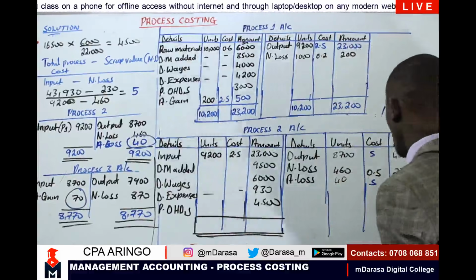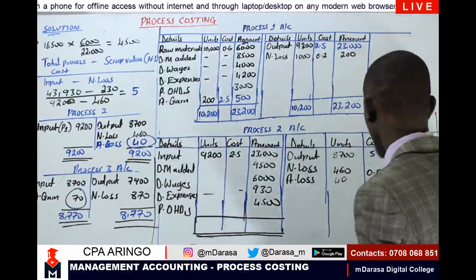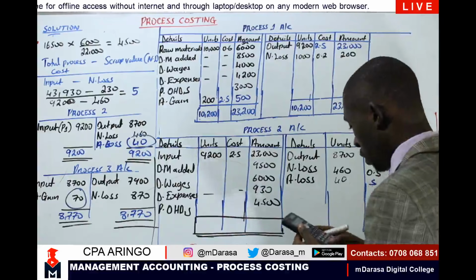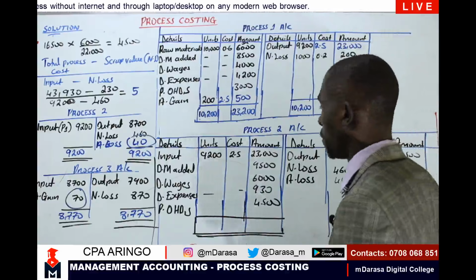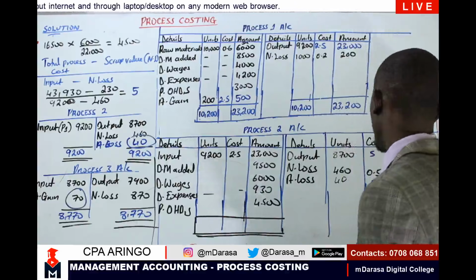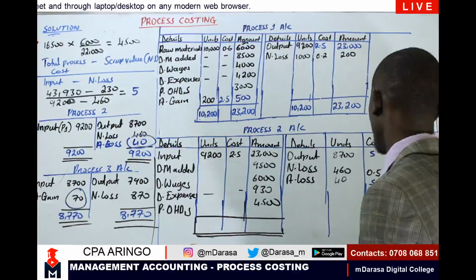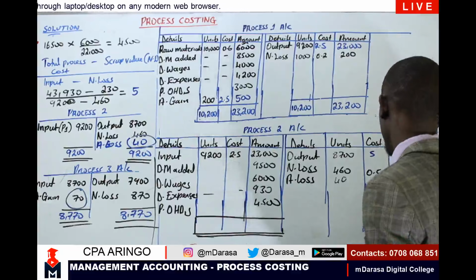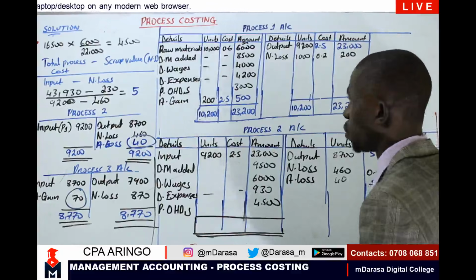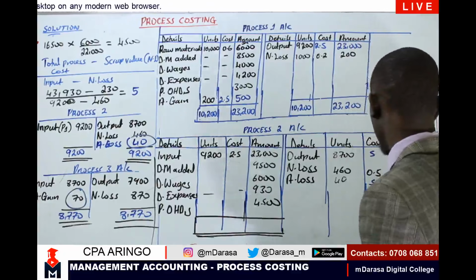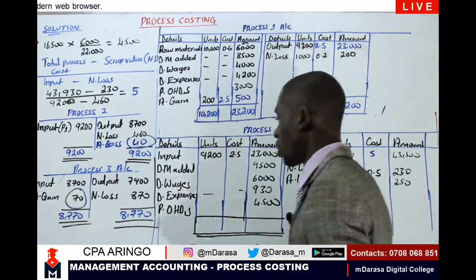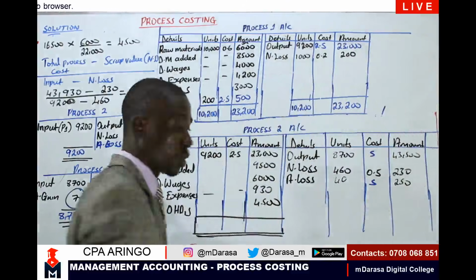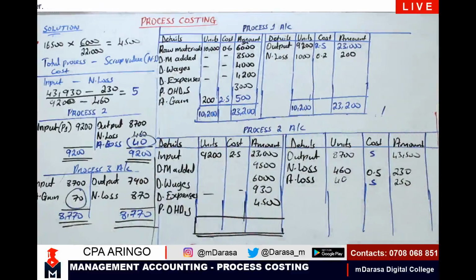Whereas in the other case, I should be talking of how much? I should be talking of 40 by 5 to give us 250. So that at the end of the day we should be having our abnormal loss, and the other component you should also be having at that point.